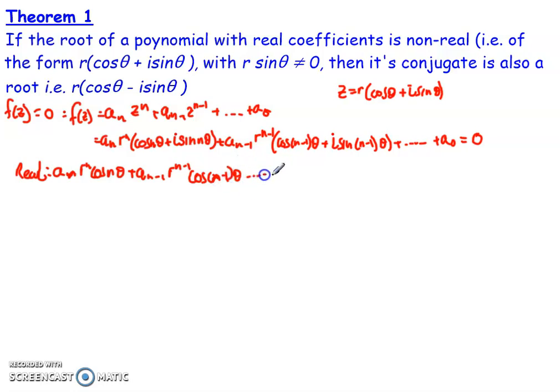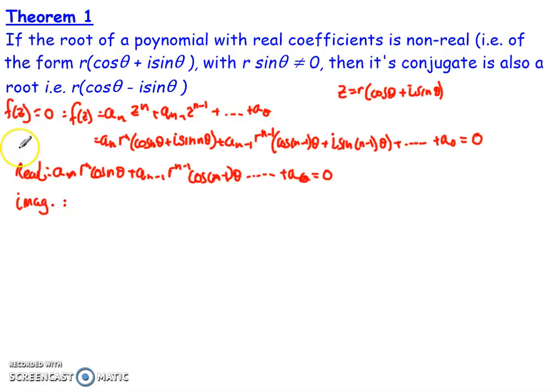And again, that will continue all the way down, and it'll include my final constant there, the a naught, because that is just written in terms of a real number, if you like. We know that that is going to equal 0. If the whole thing equals 0, my real part has to equal 0, and similarly, my imaginary part has to equal 0.